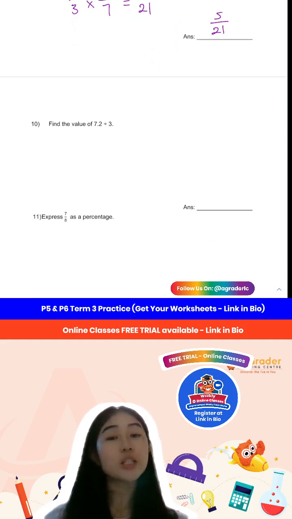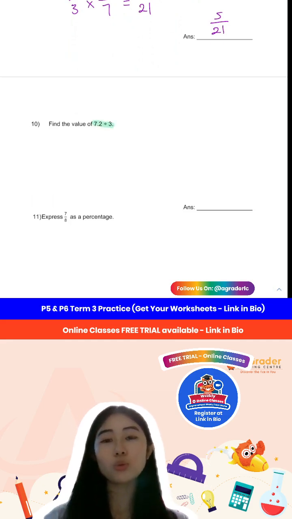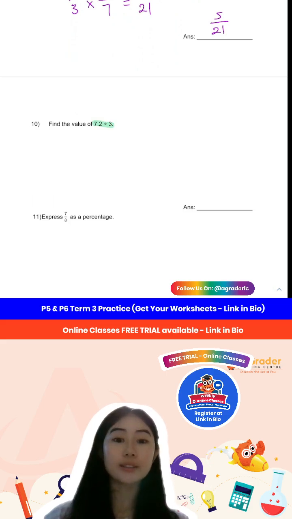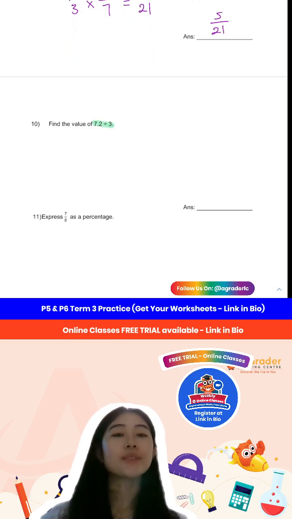The next one is also very simple, just a drilling question. Find the value of 7.2 divided by 3. This is division of decimals, so you just need to do your working. By the way, that number is 7.2, not 72.